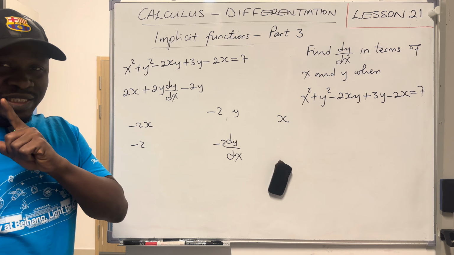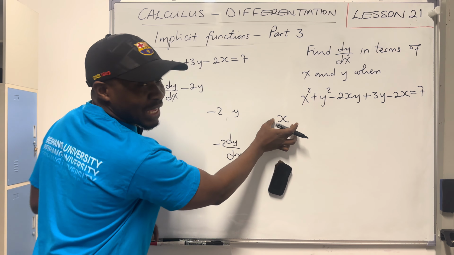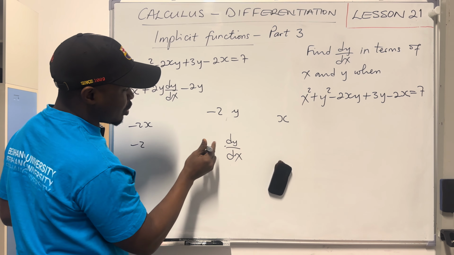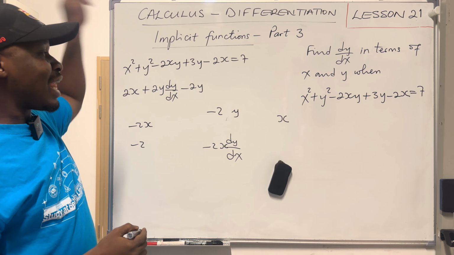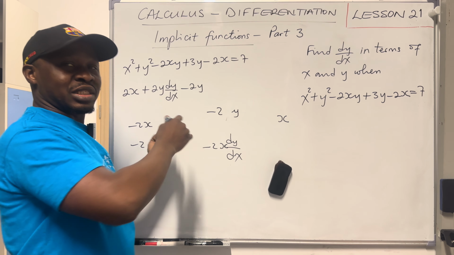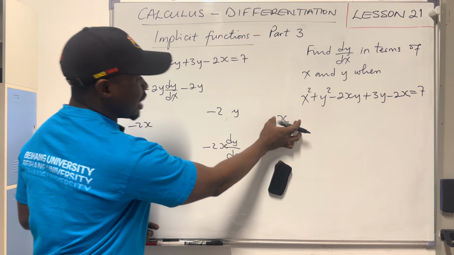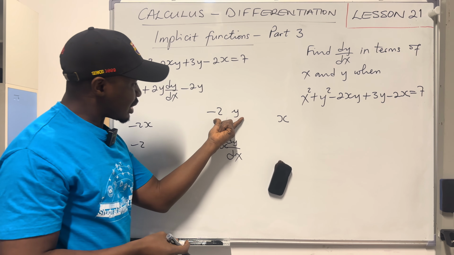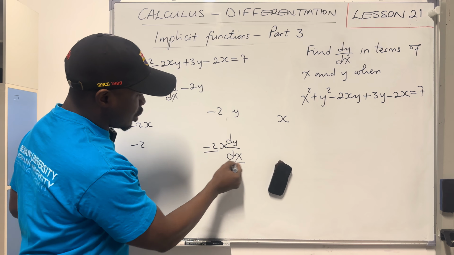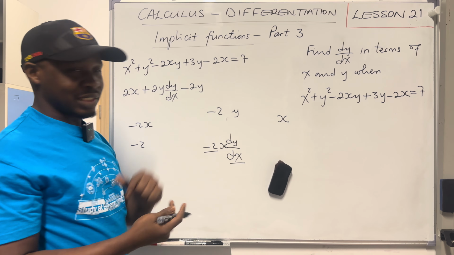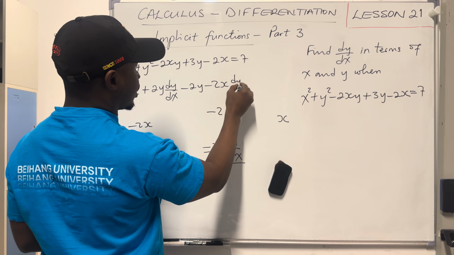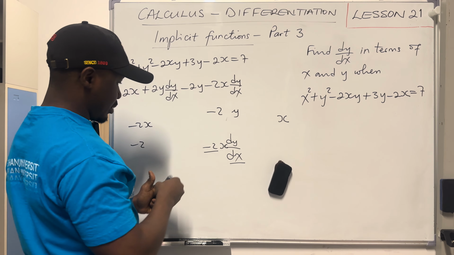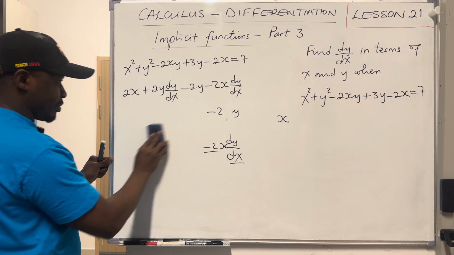But don't forget that we kept x. Even when we differentiated x earlier, the y we kept, we brought it later. So now again, we keep x, we differentiate this to give us minus 2 dy dx, we bring x, so minus 2x dy dx. I hope it is clear.